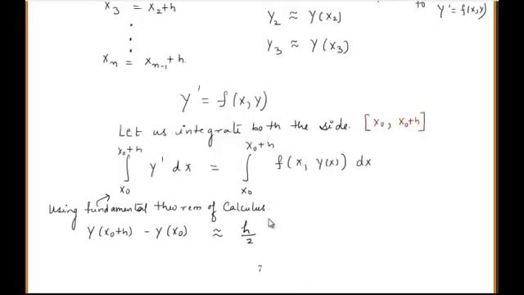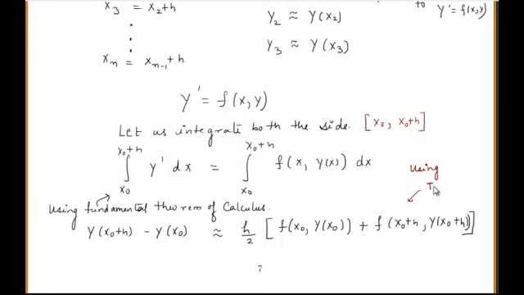So we will use the trapezoidal rule to integrate the right hand side: f of x naught, y at x naught, plus, and this is an approximation, f of x naught plus h comma y of x naught plus h.